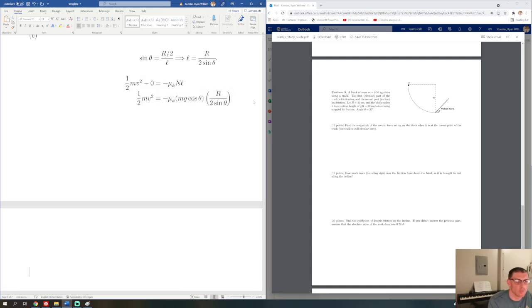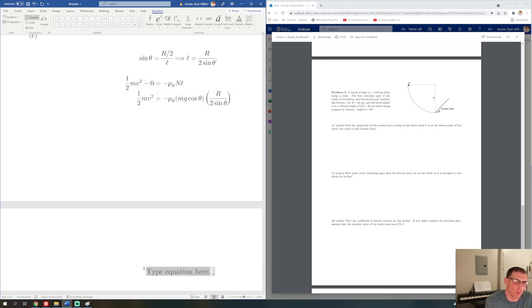So we can make this nice. We can get rid of the masses, because there's an m term on both sides, and we just have v squared over 2 equals negative mu sub k g R over, and I'm going to take cosine of theta over sine theta and turn it into 1 over tangent theta. And I have to remember to put a 2 here.